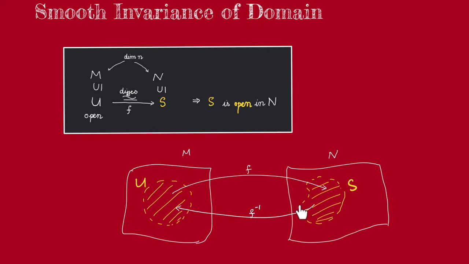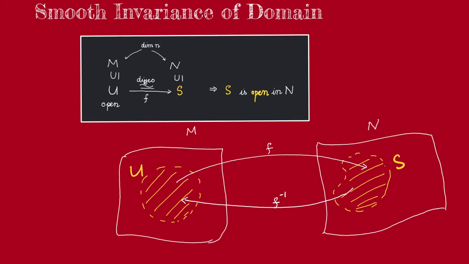And now we understand what it means for this F inverse to be smooth, because we have defined the notion of smooth functions on arbitrary sets. Now we want to show that S is actually open in N. So let's take a point little s in S, and we want to show that there is an open neighborhood of it that is contained inside S.